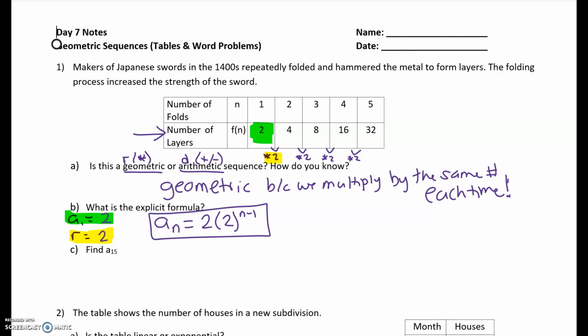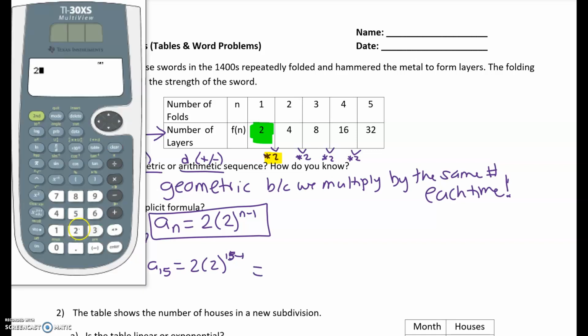Okay? And now for C, I want to find a sub 15. So this means we're going to plug a 15 in for the n into the explicit formula. So a sub 15 equals 2 times 2 to the 15 minus 1 power. When we type this into our calculator, we're going to do 2 times 2 raised to the 15 minus 1, or you can just put 14, and we're going to get 32,768.